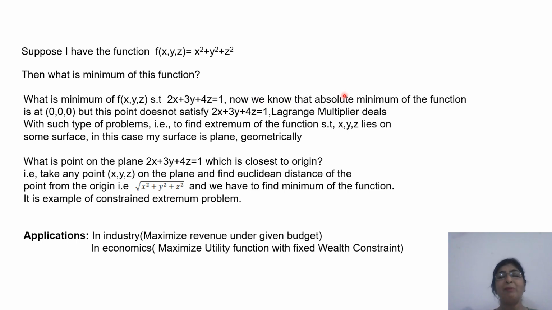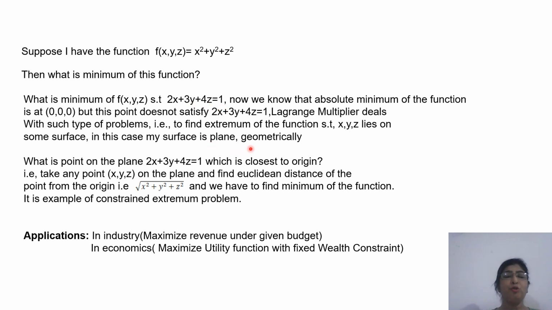We know the absolute minimum of the function is at (0, 0, 0), but this point doesn't satisfy the equation of the plane, because you get 0 plus 0 plus 0 equal to 1, that is 0 equal to 1. The Lagrange multiplier method deals with such problems. That is, we have to find the extremum of the function f(x, y, z) such that the point lies on some surface. In this case, my surface is this plane.